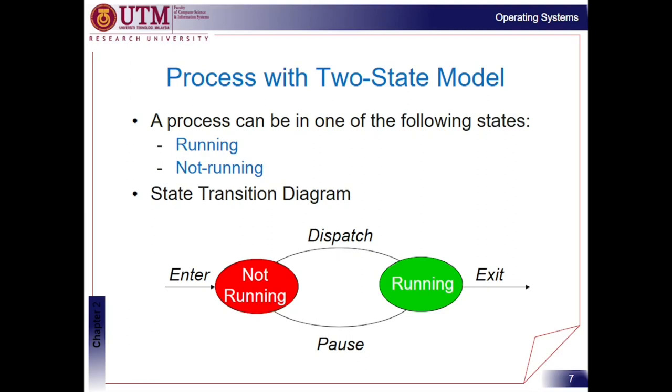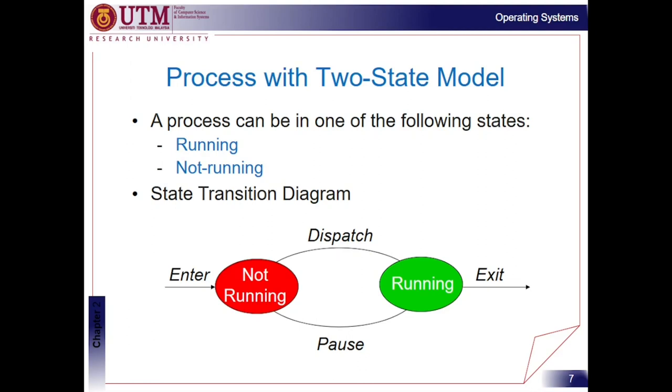The third possible transition is the exit. This means that the running process terminates and releases the CPU. It also means the process changes its state from running to exit. This can happen for three reasons: when the process completes its task, when it encounters an error, or when it is killed by another process or by the user.